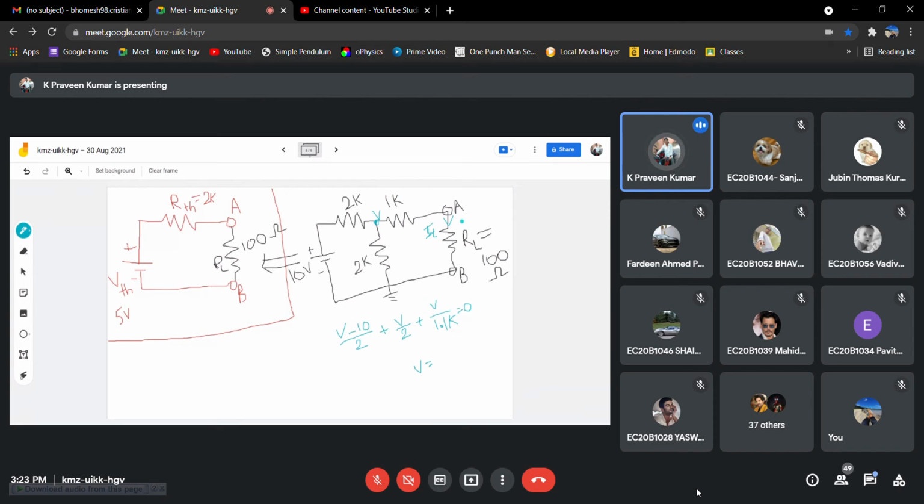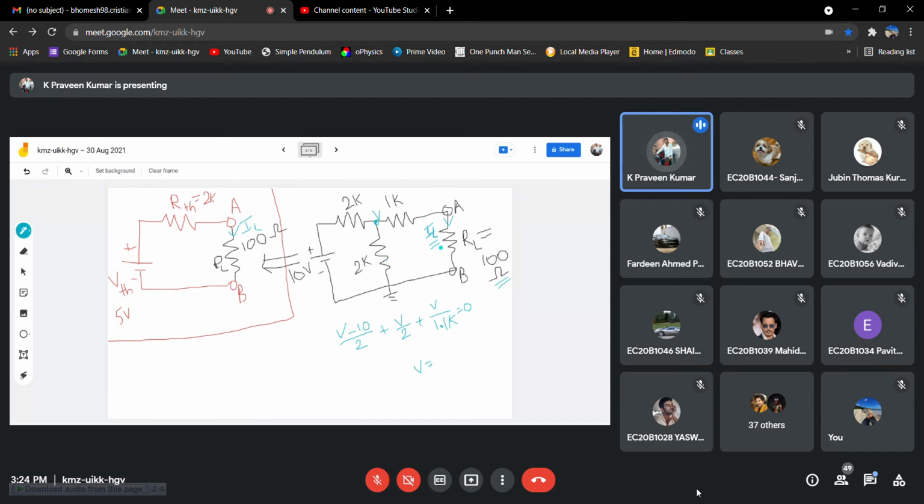Instead of leaving terminals A and B open, I have connected a load resistance of 100 ohms, and then I observe the response, that is, the current through this load resistance. First I will calculate the load current in this actual circuit. Then I will calculate the load current again after replacing it with the Thevenin equivalent. If both are the same, then we can say the two are equal.